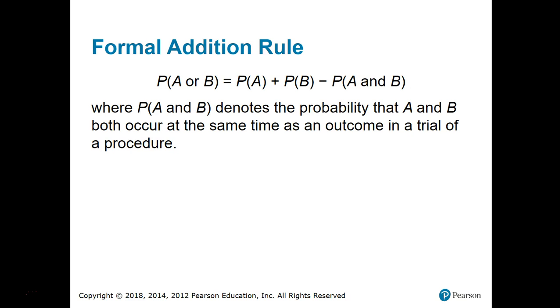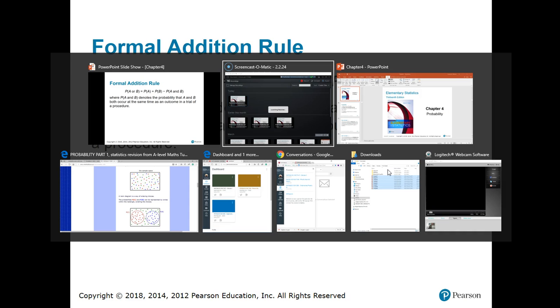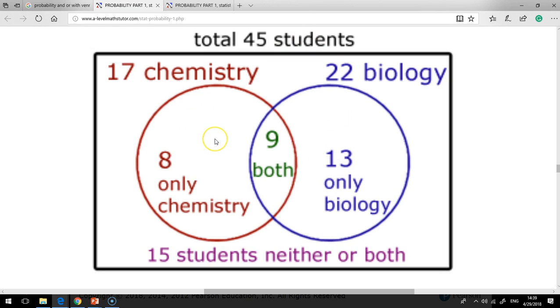So what we're going to look at is a Venn diagram. I have one on another slide here. Now, the sample space is the total of the 45 students, and the sample space is everything that is within this box. We have two events.